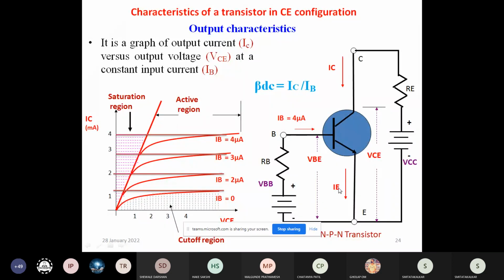When the input base voltage is increased, current flows through the circuitry via the base terminal. Some current flows as emitter current and some as collector current.